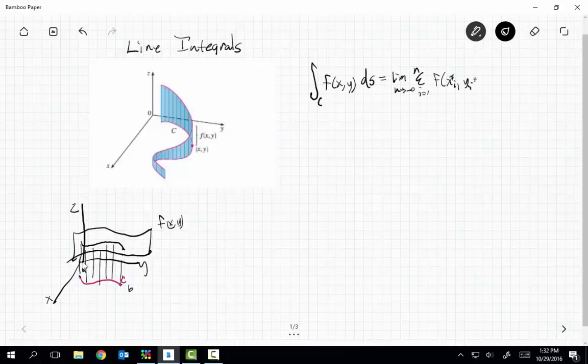Now, what is this ds? Don't panic. Remember, ds is the arc length, which is the square root of dx over dt squared plus dy over dt squared, dt.